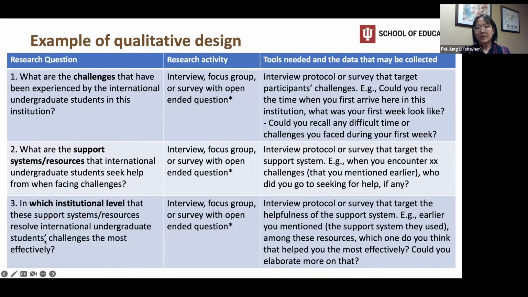So that's the qualitative design. Basically, try to explore more of the phenomena and the reasons and thoughts behind, instead of just getting a simple answer. So basically we want to explore more. That's the quick summary here. So yeah.